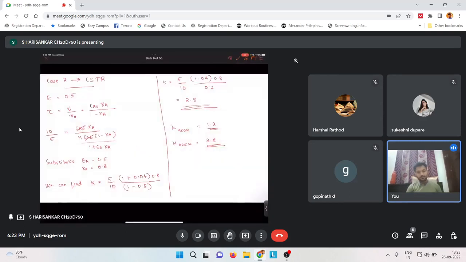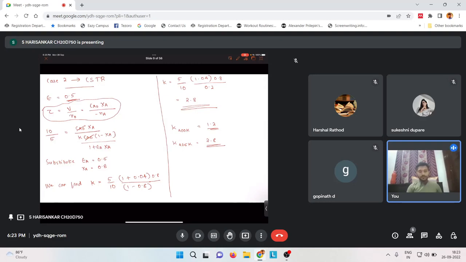Okay. So for CSTR, we had epsilon equal to 0.5, and we have the design equation, which is tau equal to V by nu 0, which is equal to Ca0 into Xa by minus Ra.